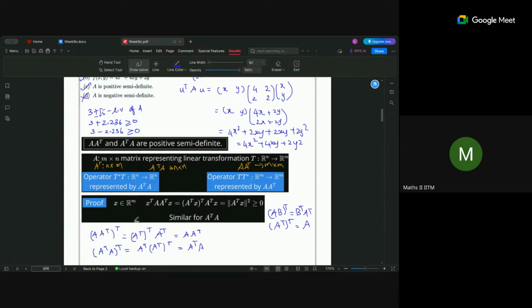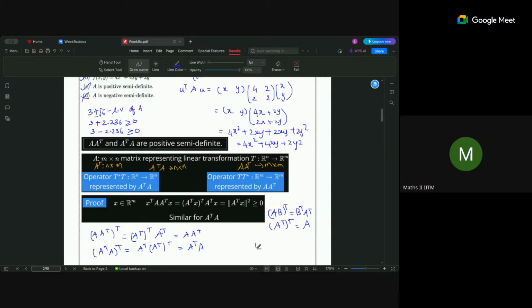And then for positive semi-definiteness, for AA transpose, you need to take an X in Rm, right? And X transpose AA transpose X, now you know that you can simply rewrite it as A transpose X transpose times A transpose X. Now they are vectors. For vectors, if you have U transpose U, it is norm of U squared, right?